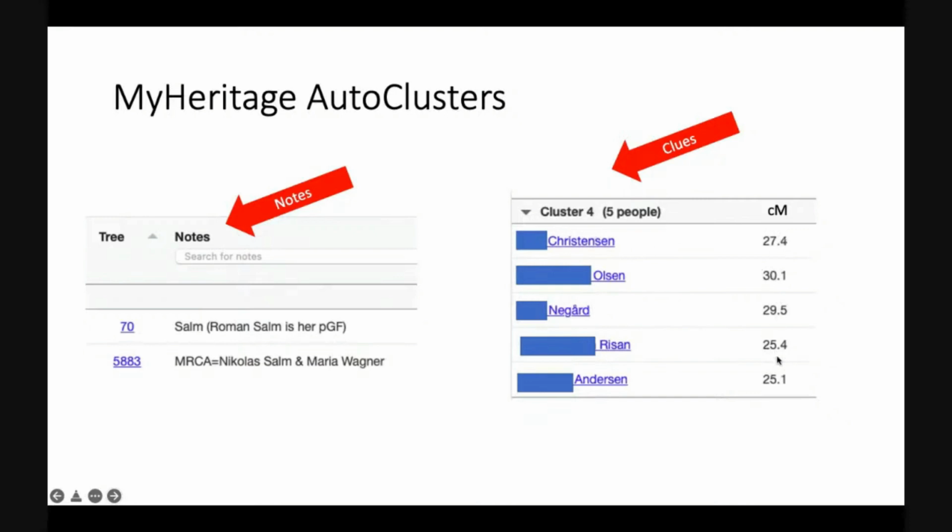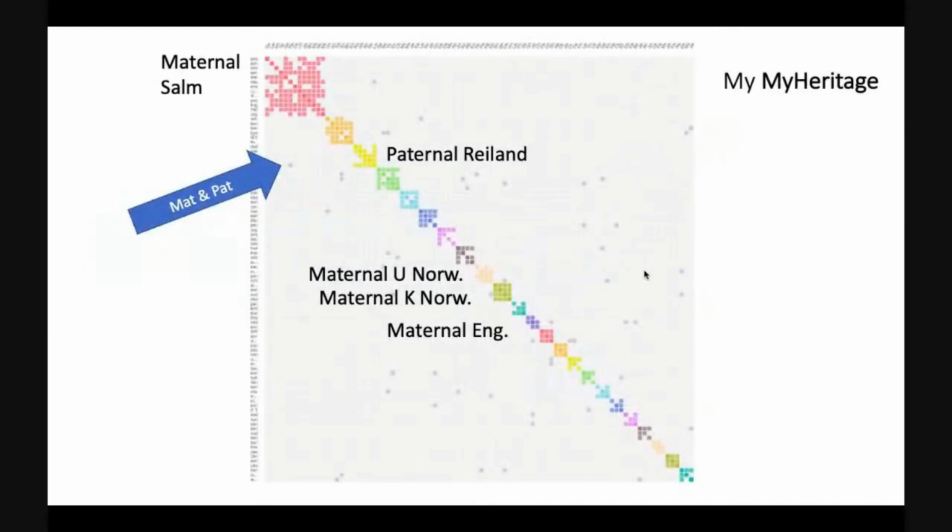And they're pretty distant. It's also saying they're between 27 and 30 centimorgans. So maybe they're third cousins, but maybe they're fourth, fifth, or sixth cousins. Mm-hmm. But when I'm here, I can then say, okay, I think that was this cluster. Whereas the ones I know about are here. And there's definitely some overlap between the two groups. And we do see endogamy in Norway, so that's not surprising.